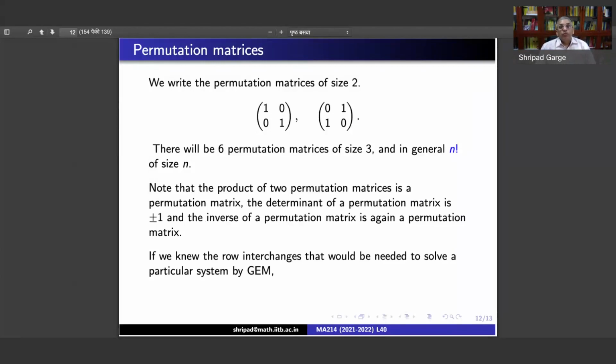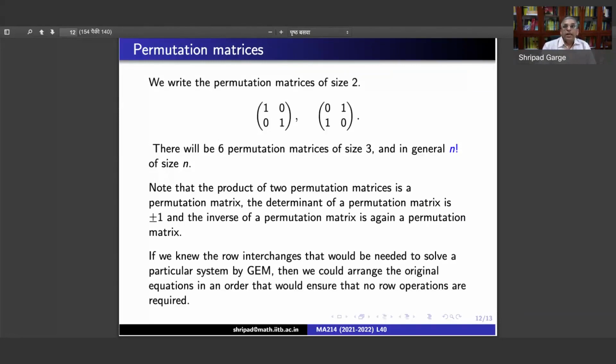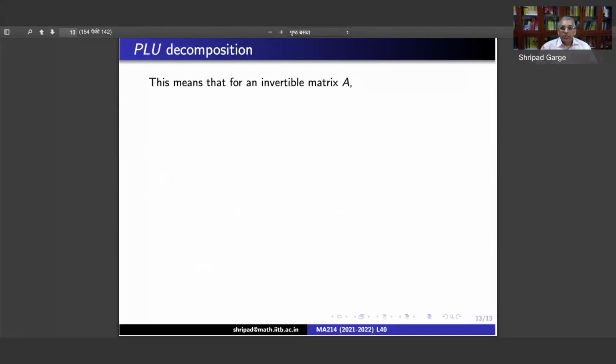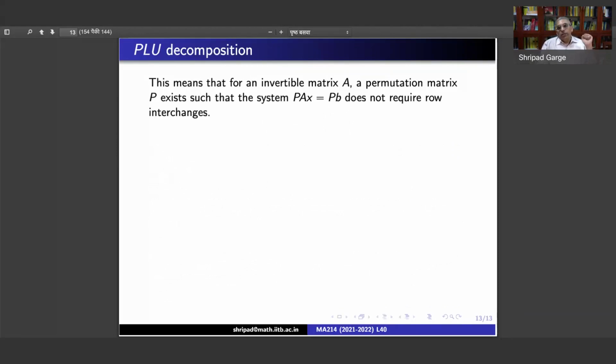If you know the row interchanges that are going to take place, you may already arrange the initial system in an order such that no row change will be needed after that. If you look at your system and declare that you will need some row interchange, you do that row interchange already.